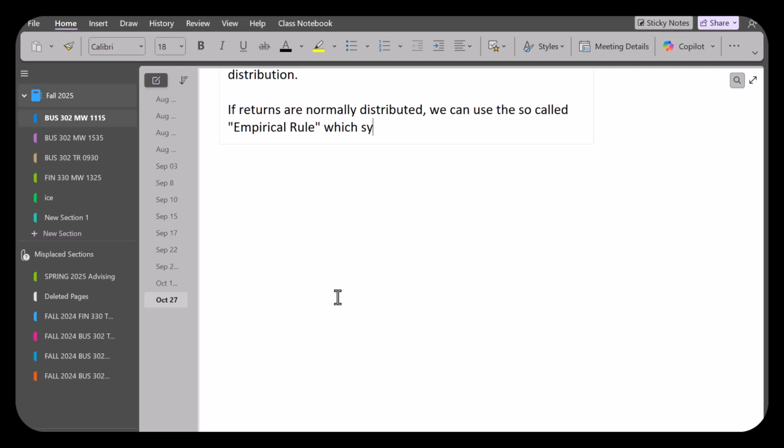It says that 68% of the time, outcome will be within plus minus one standard deviation.